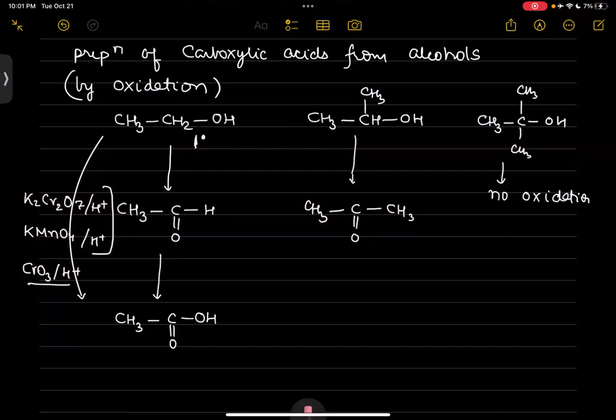Strong oxidizing agent. What are those two strong oxidizing agents? What is the name? Potassium permanganate. Potassium dichromate. That is acidified potassium permanganate. Yes, the lower one is acidified potassium permanganate. Yes, absolutely correct. What about this one?